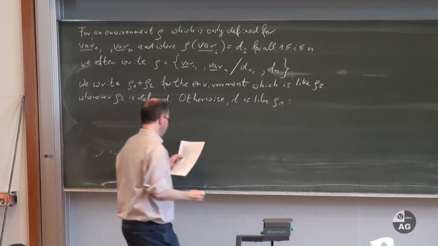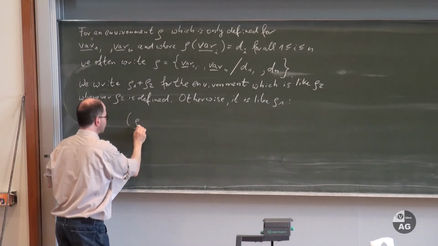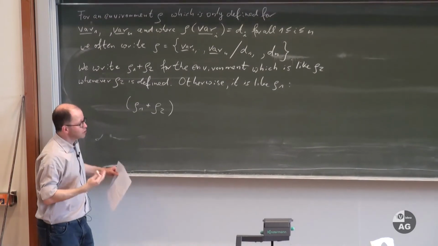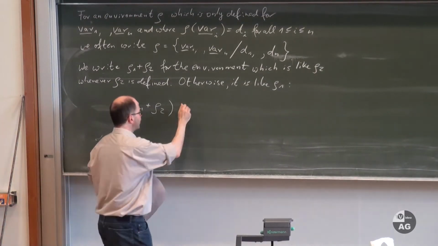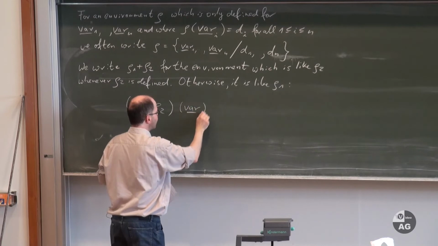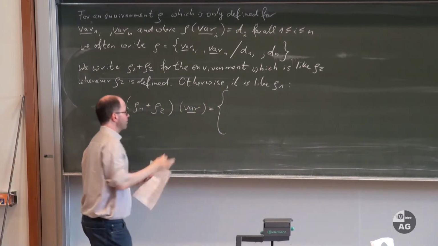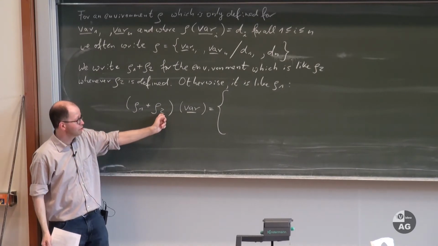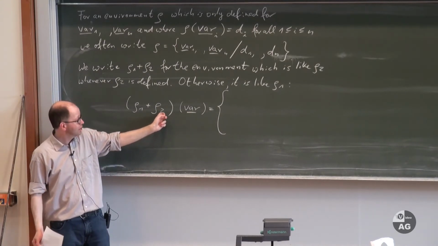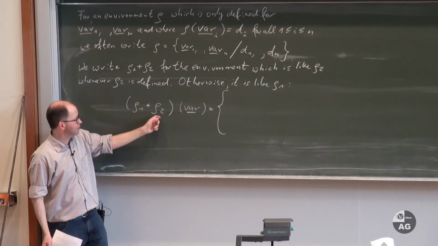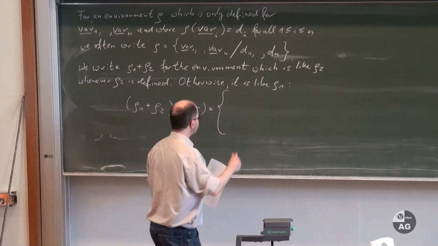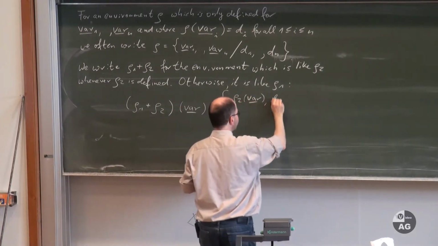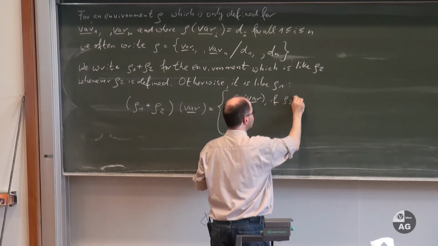So in other words, what that means is the following. If I want to know what does this environment do, so to which elements does this environment map variables? If I apply it to some variable, then I first check, is rho2 defined on this variable? So was this variable already defined in rho2? And if yes, then nothing changes. Then, well, this new environment does the same as rho2. So it's rho2 of var if rho2 of var is defined.